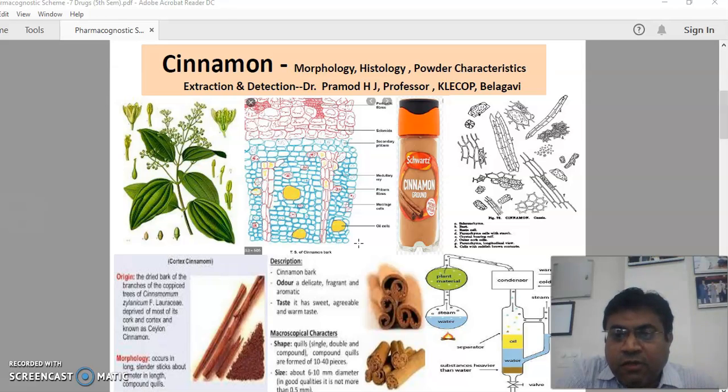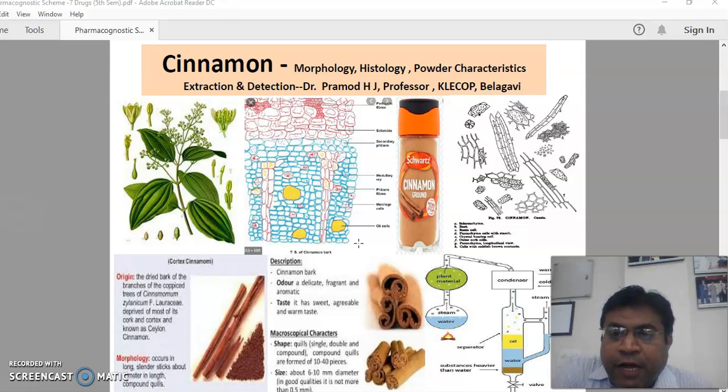So this cinnamon usually consists of sclerenchyma tissues, followed by the cork cells, then we have a resin wall, then the parenchyma cells with starch grains, then the crystal bearing cells, then the outer cork cells, then the parenchyma in longitudinal view, as well as the reddish brown contents, which consist of the oil glands.